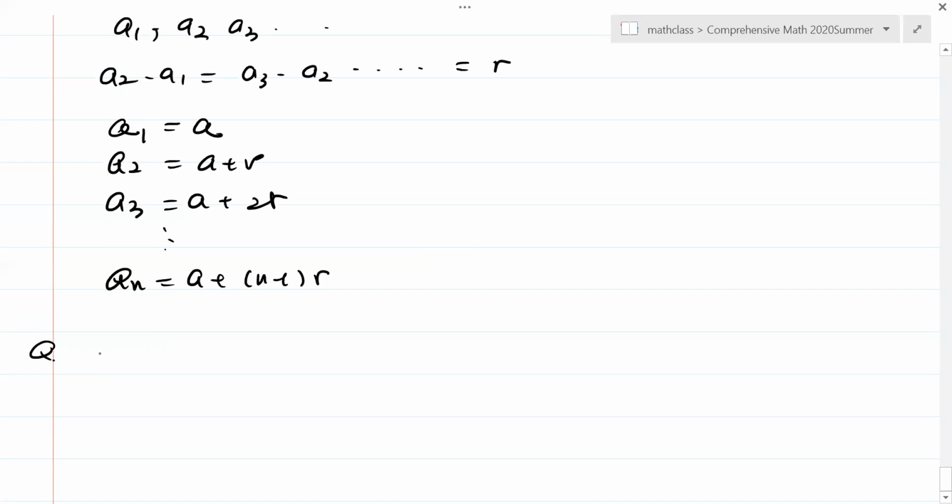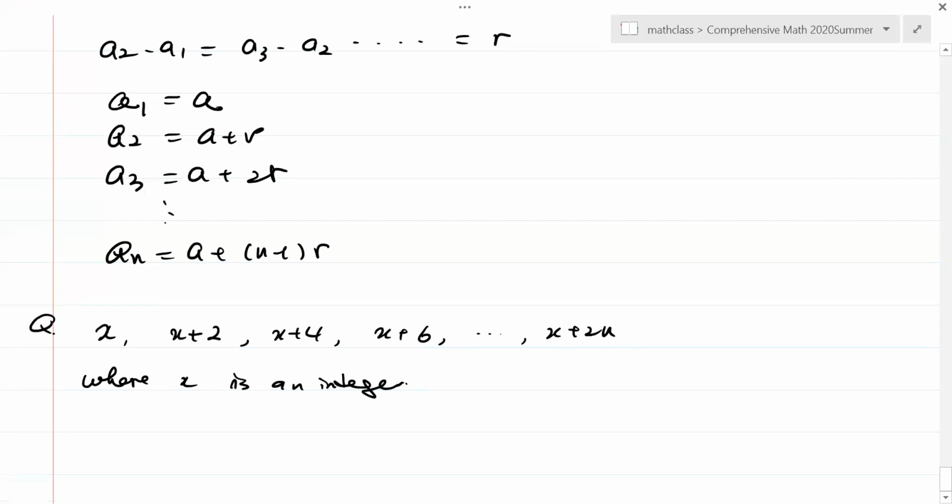We have x, x plus 2, x plus 4, x plus 6, up to x plus 2n. Consider this sequence. It is an arithmetic sequence because it increases by 2. How many terms here? You have n plus 1 terms, where x is an integer.